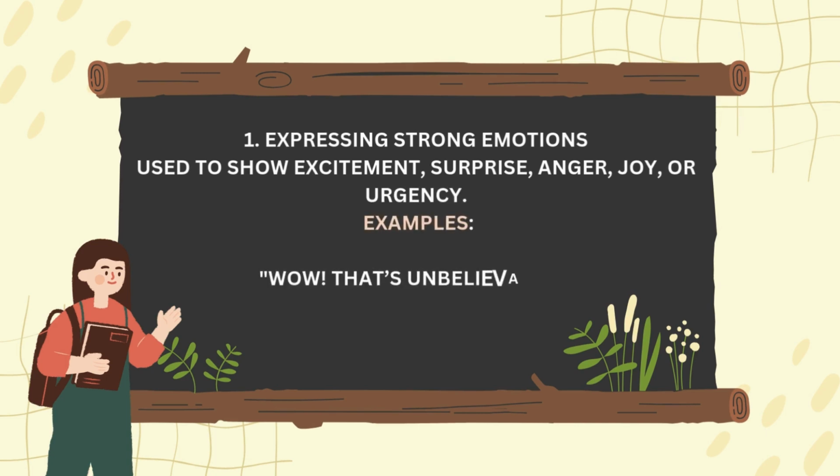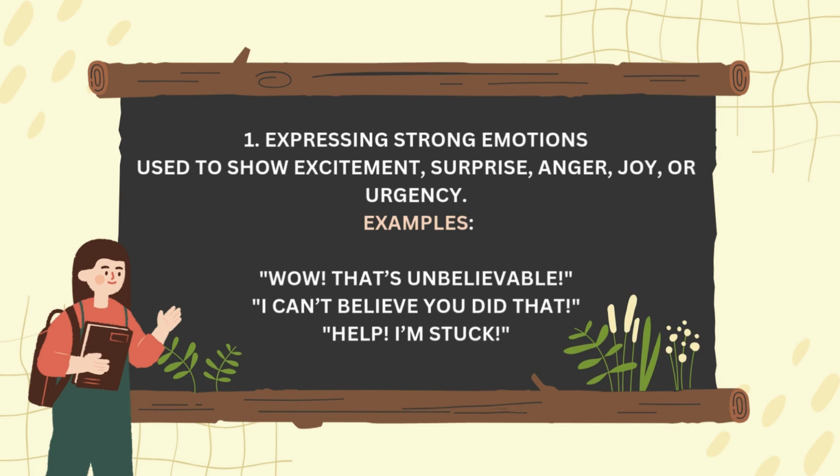We use it to show excitement, surprise, anger, joy, or urgency. For example, "Wow! That's unbelievable! I can't believe you did that! Help! I am stuck!" In these sentences, we use an exclamation mark because strong emotions are expressed.